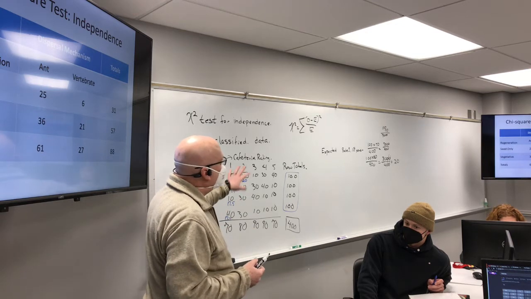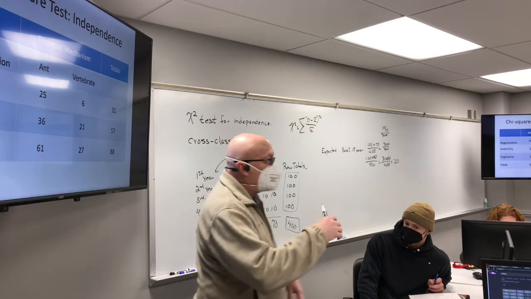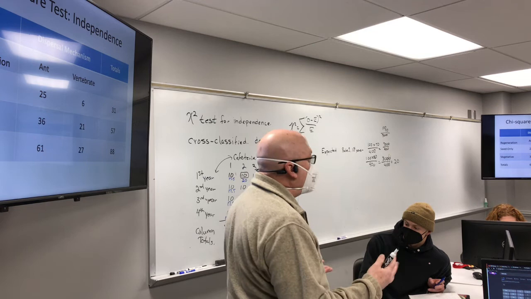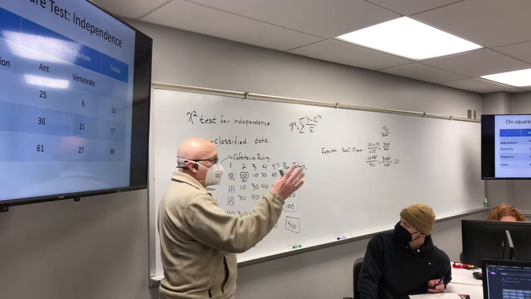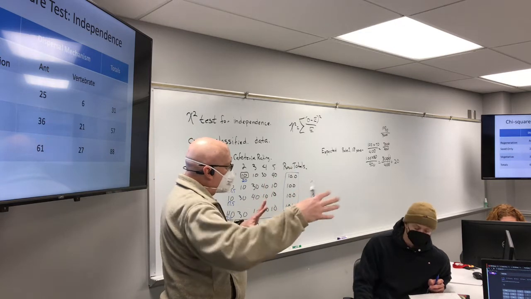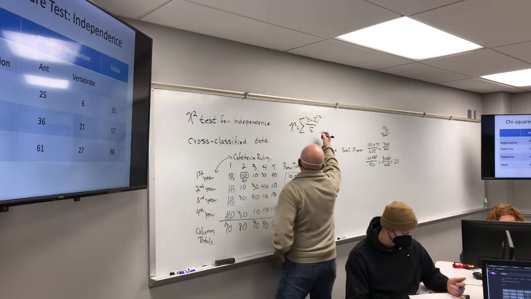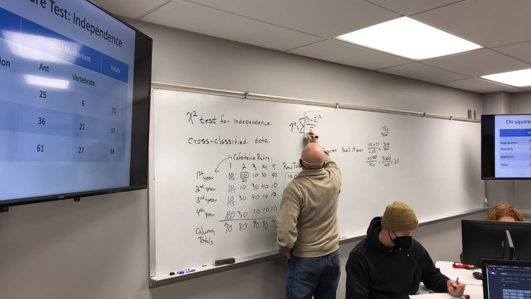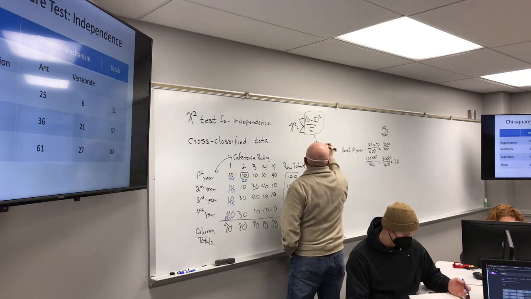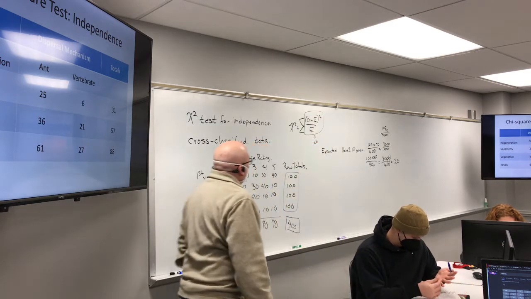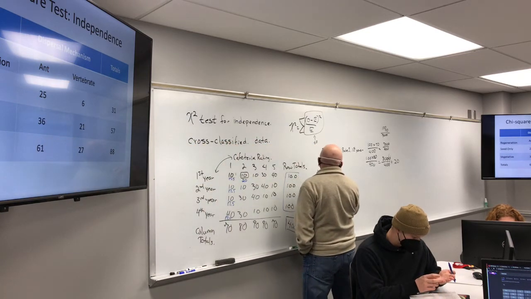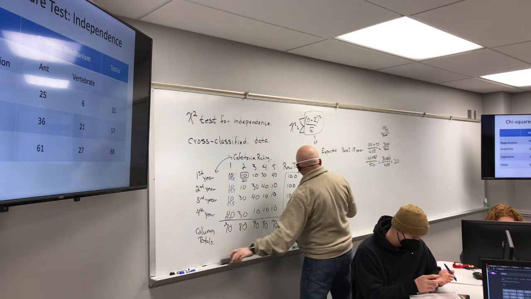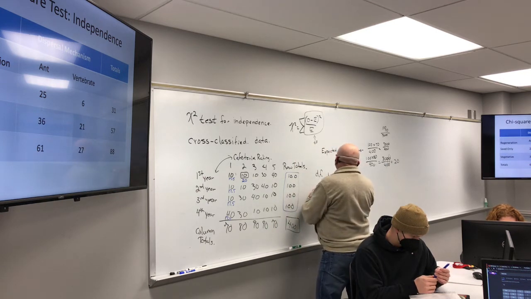But then once you have the observed and the expected values, calculating the chi-square is the same, except that in this case now you're going to have 20 different things that you're adding up. So in this case, the degrees of freedom is the row minus 1 times the column minus 1.